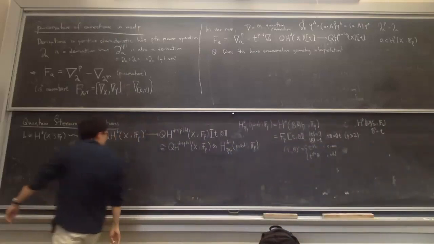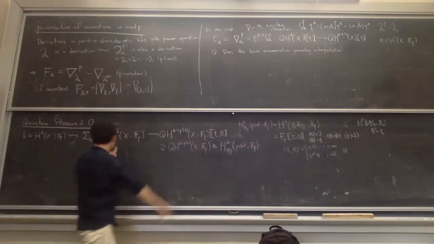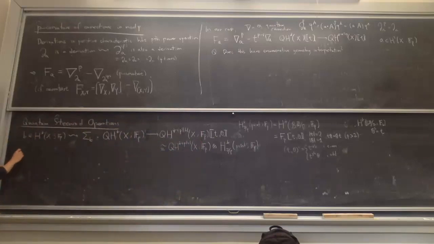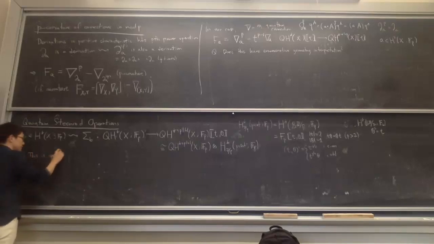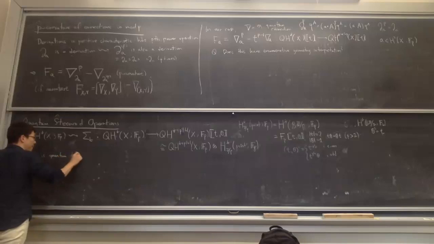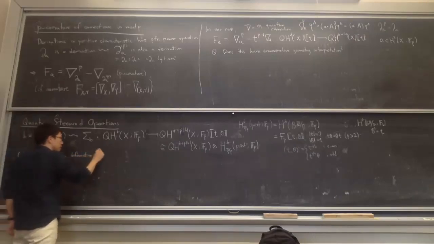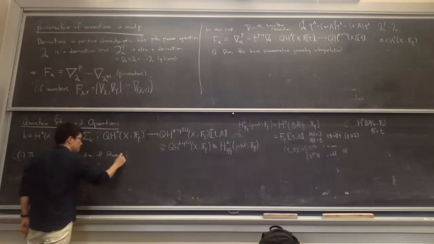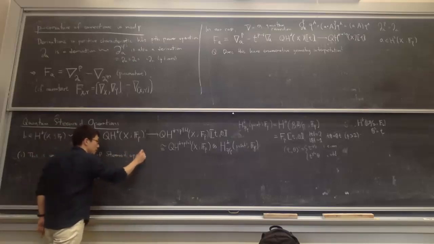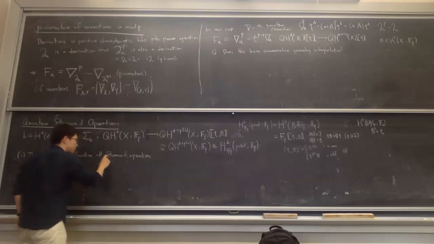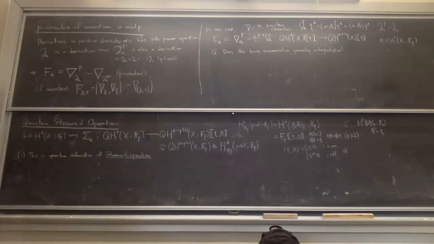That's right. So you have an operation like this, and the property that I want to emphasize here is first that this is a quantum deformation of Steenrod operations. So I'm going to define what these are. These are classical objects in algebraic topology, but just to first write down what I mean by this.